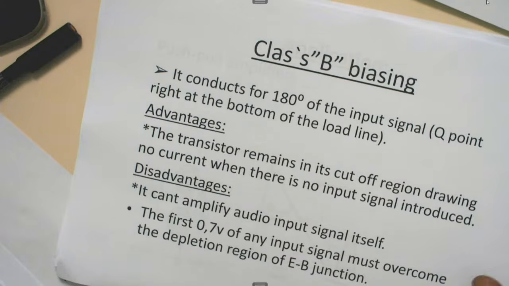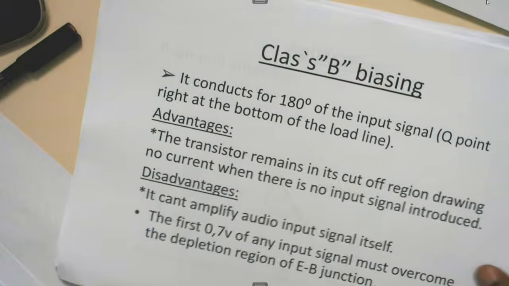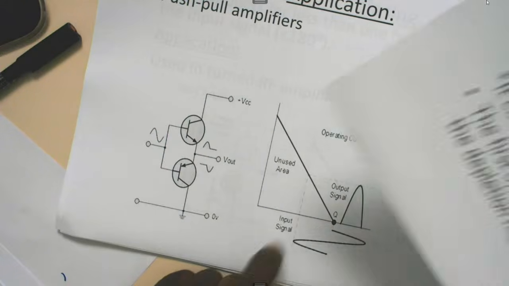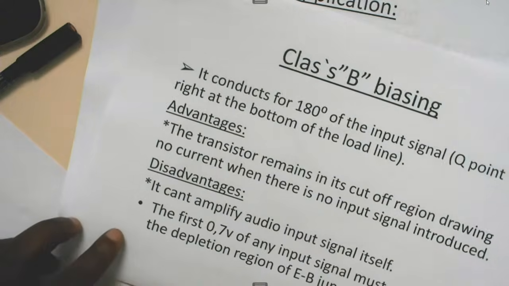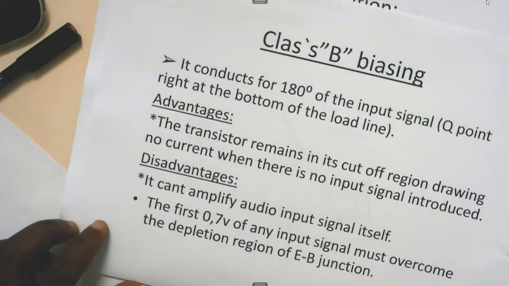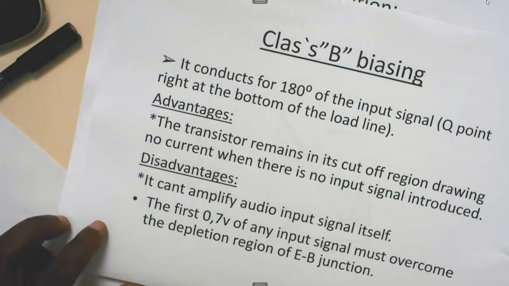This one conducts for 180 degrees of the input signal. The Q point is right at the bottom of the load line. If you can see here, our Q point is at the bottom of our load line, in the cutoff region. The advantage of this is that the transistor remains in its cutoff region, drawing no current when there is no input signal introduced.